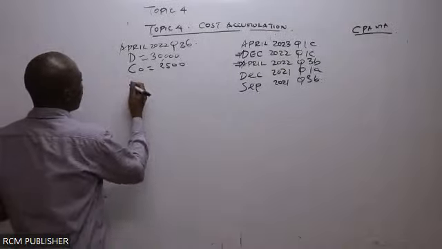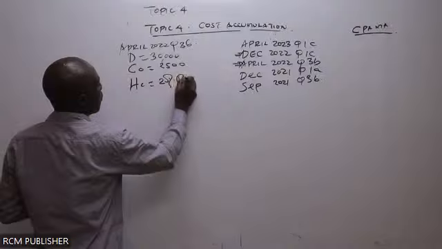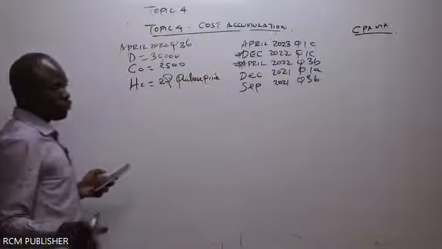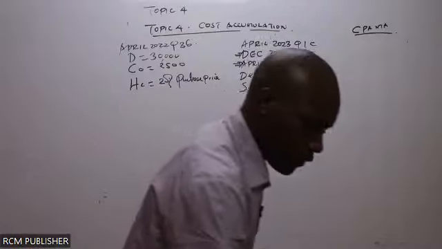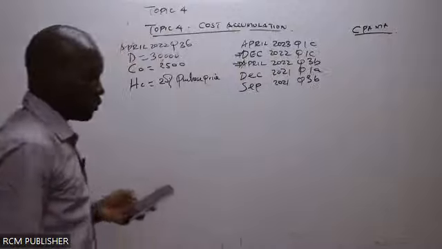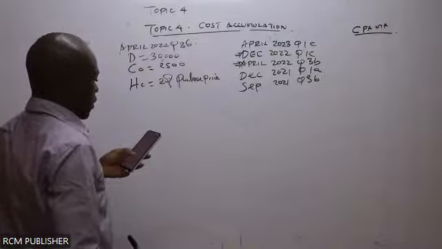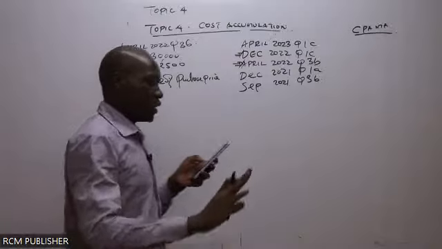So our holding cost is equal to 20% of purchase price. We have to put that in place and make that clear to everyone. Then they give you the range, the quantity, and the purchase price.